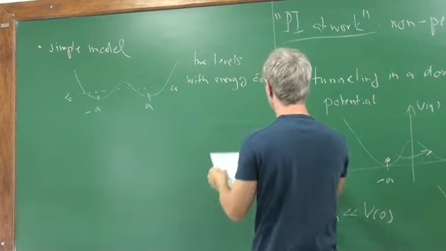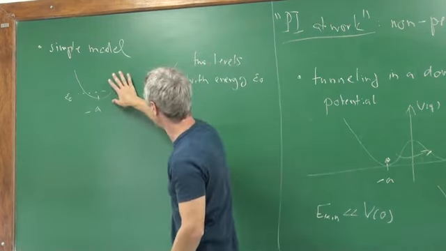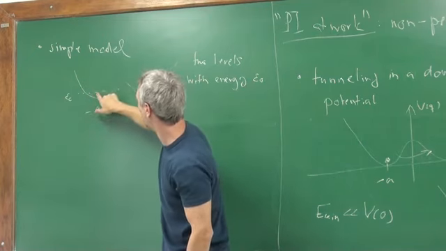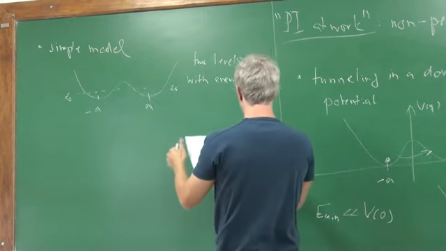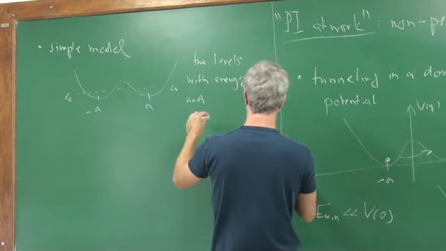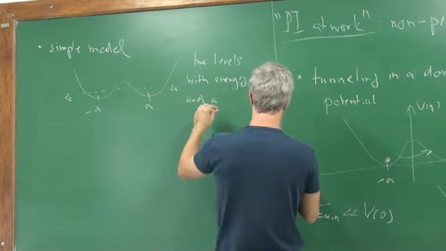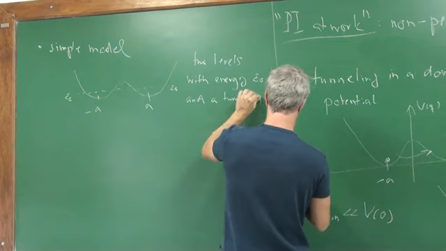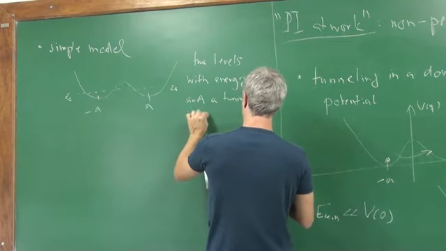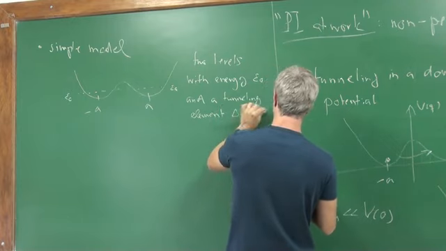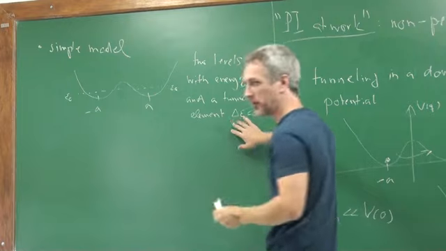If we wouldn't have any tunneling, if this was infinite, we'd just have the general problem of particles sitting here or here with the same energy. But now we have a finite possibility to tunnel. So we have some tunneling element, which we call delta epsilon, and this is assumed to be small. So we have a weak perturbation.